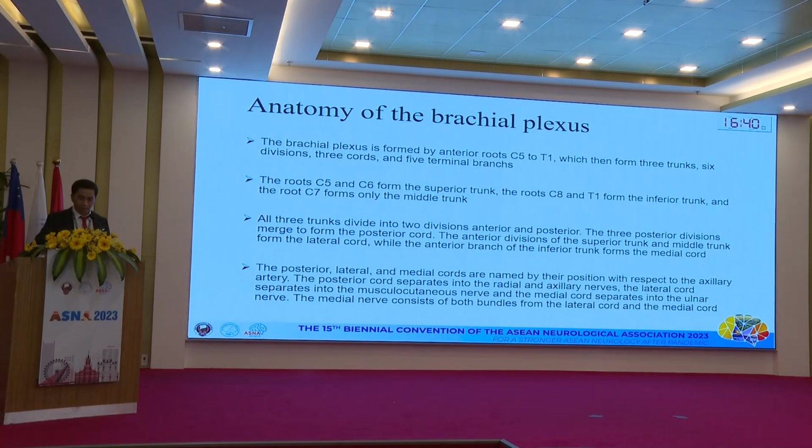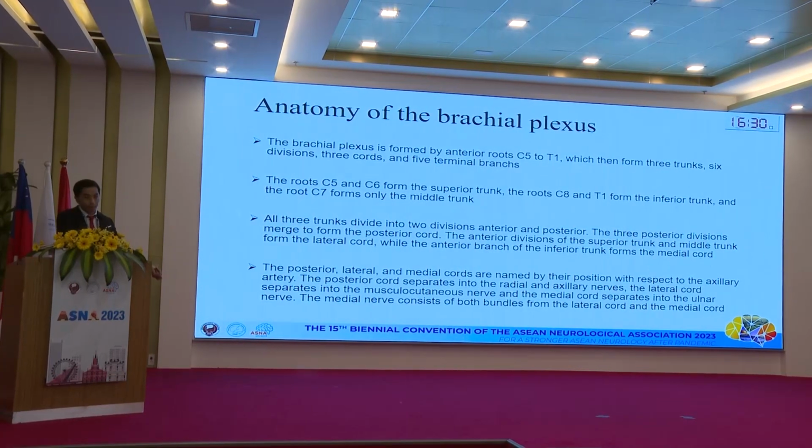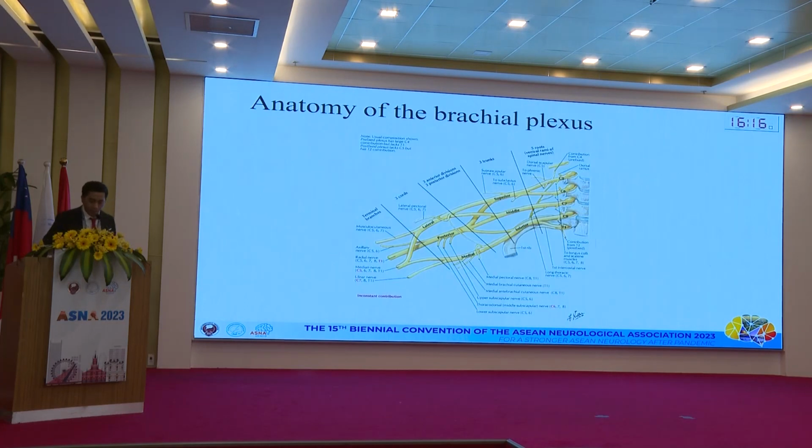The lateral cord separates into the musculocutaneous nerve, and the medial cord separates into the ulnar nerve. How can we remember? The ulnar nerve is on the medial side of the hand and elbow, so we can remember it's on the medial side, right? Easy. And the median nerve consists of a broad bundle from the lateral cord and the medial cord. If we look back at the picture here, it's easy to remember.